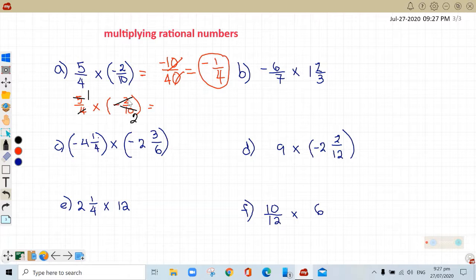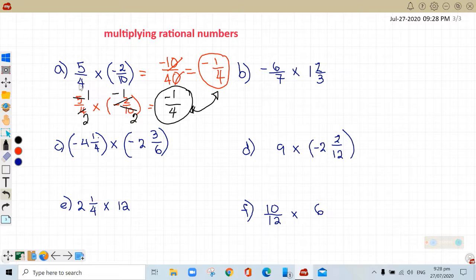So, 2 divided by 2 will be negative 1, and 4 divided by 2 will be 2. So, we're done with cancellation. Now let's move on to multiplication. 1 times negative 1 is negative 1, and 2 times 2 is 4. So as you can see here, the answer is negative 1/4, which is the same as this one.